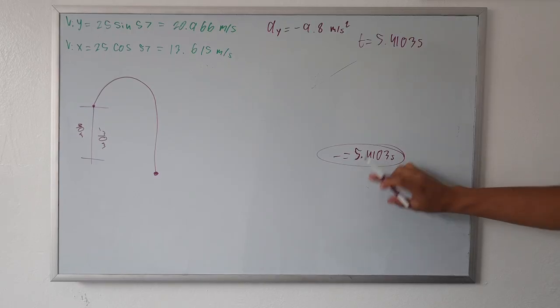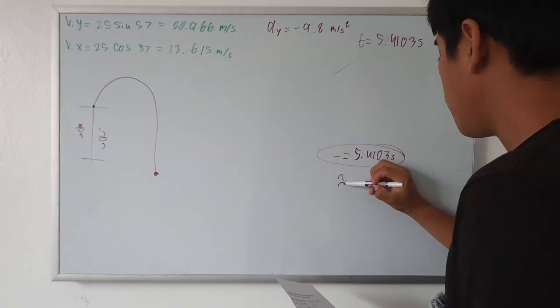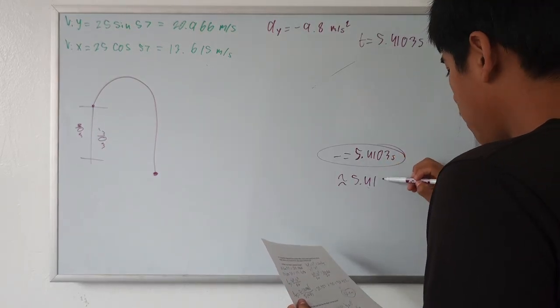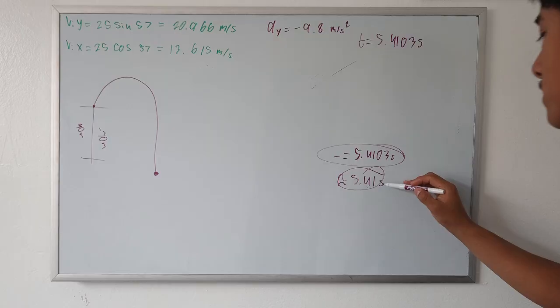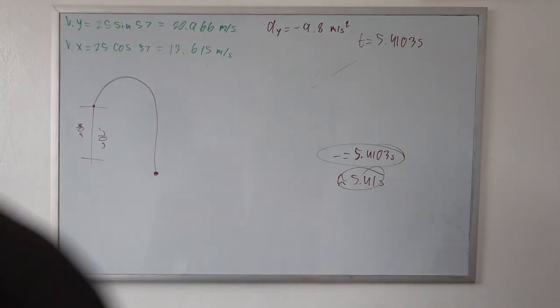For your final answer for part B, rounded, it would be 5.41 seconds. But for the next part, we're going to use the unrounded value to get a more accurate answer.